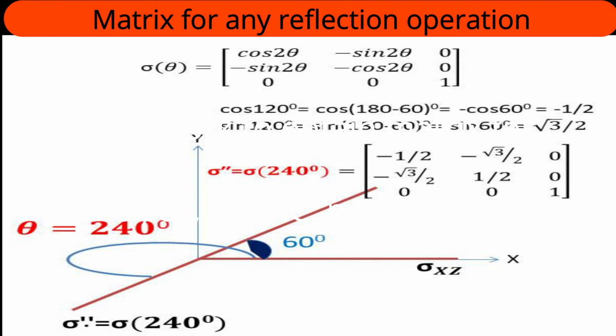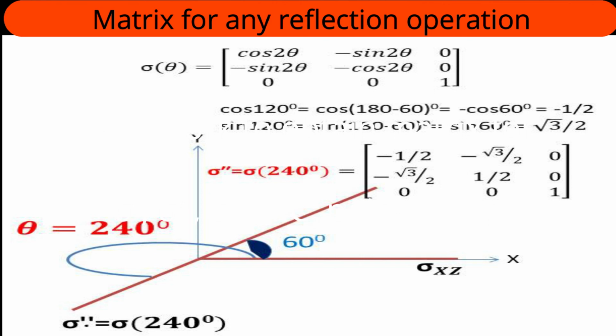What about sine 120 degrees? I can split it as 180 minus 60. 180 means there is no change in the axis, so the sine function will remain the sine function followed by the angle, sine 60 degrees. Ask the question, 120 degrees is in which quadrant? Second quadrant. In the second quadrant, is sine function positive or negative? Positive. So the answer is sine 60 degrees. What is sine 60 degrees? It is root 3 by 2. It means sine 120 degrees is equal to root 3 by 2.